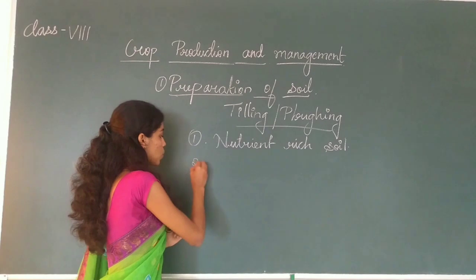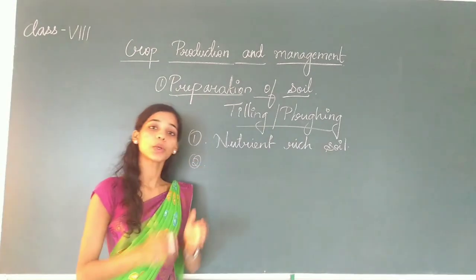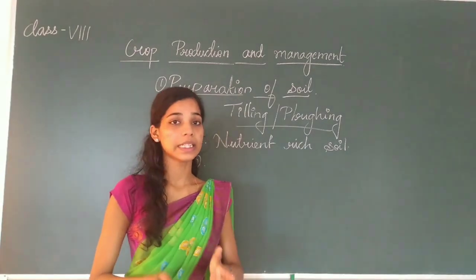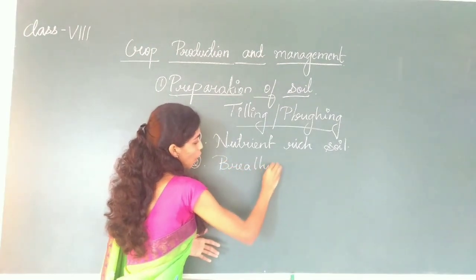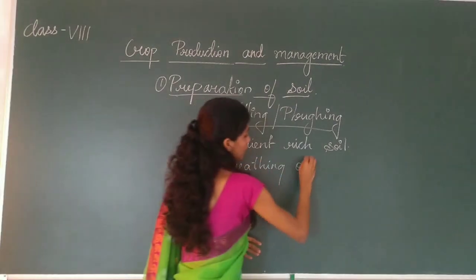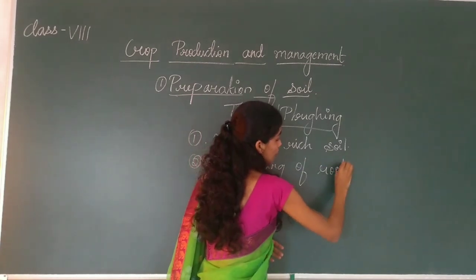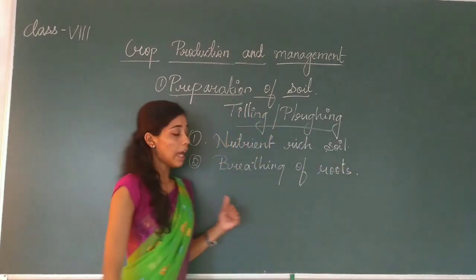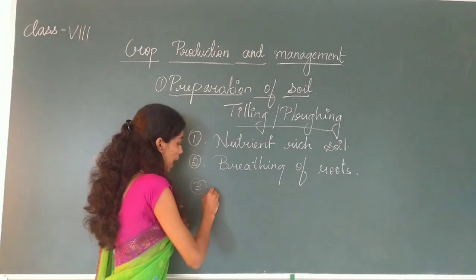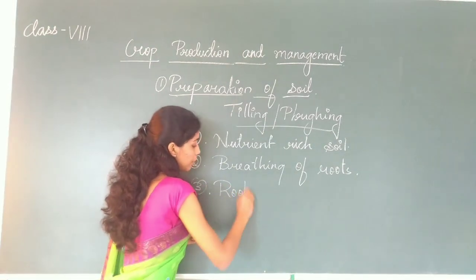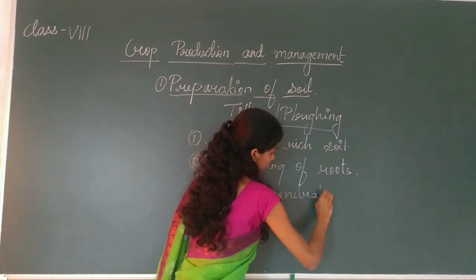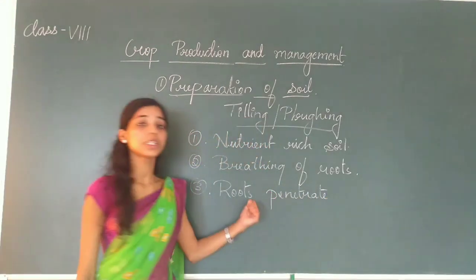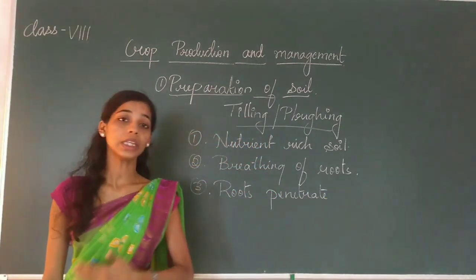And the second purpose is, it helps the roots of the plant to breathe easily. The roots of the plants can breathe easily. And third, it helps the roots to penetrate deep into the soil.